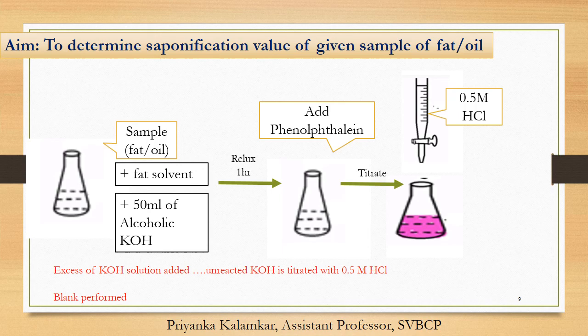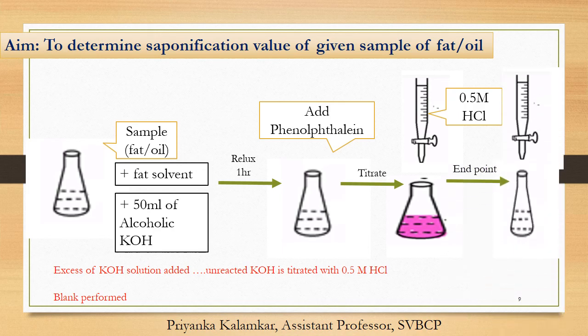This is a type of acid base titration. Once neutralization is achieved, the next drop of HCl will give you the end point. So your end point will be pink to colorless, as the HCl is in the burette. Now you have to note down the burette reading, that is, what amount of HCl you have required.